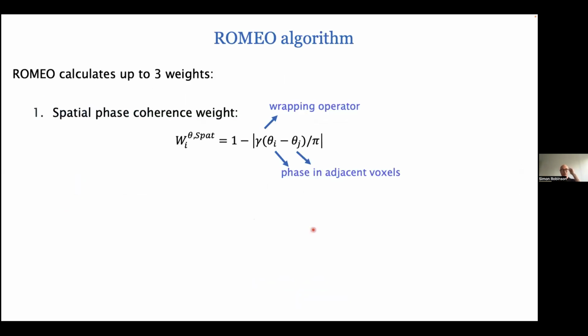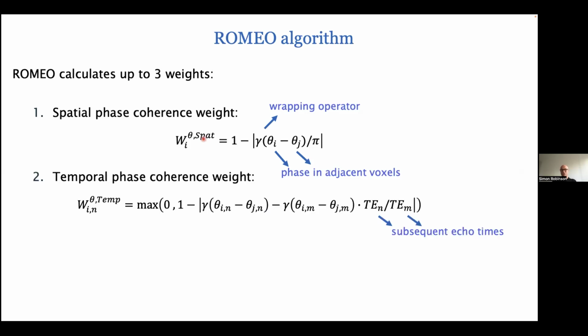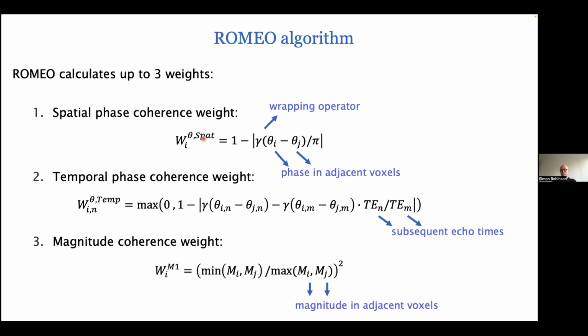So we actually use three what we call weights. We use a spatial phase coherence weight, which reflects the quality of the connection between phase values. If we've got more than one time point, then we can use the temporal coherence. And if we've got the magnitude as well, we can use the magnitude coherence. Each of those is scaled between 0 and 1.